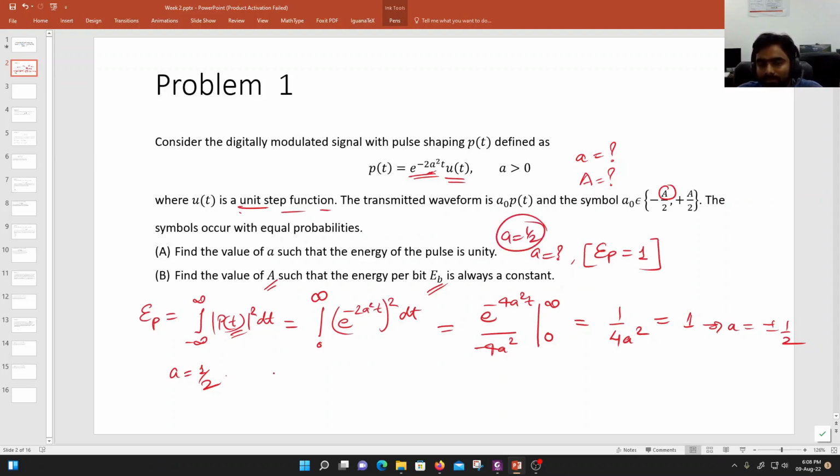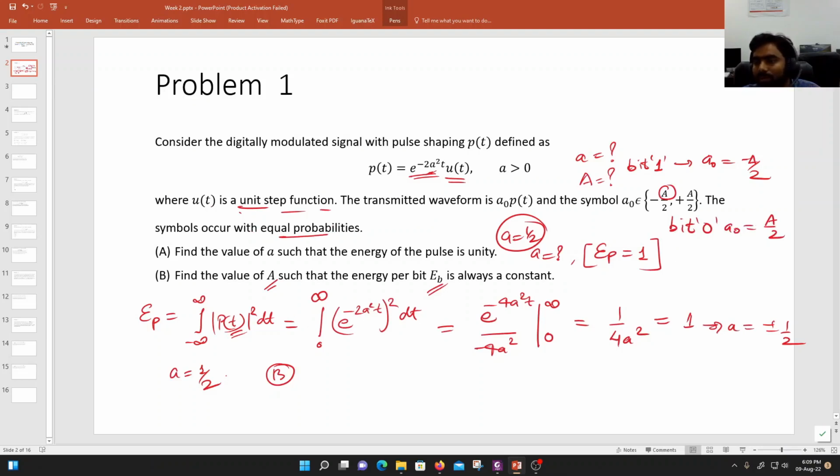Now for B part, find the value of A such that the energy per bit is always a constant. So how do you calculate the energy per bit? So there are only 2 bits, let's say, or 2 symbols. Corresponding to bit 1, let's say, we are transmitting a naught as minus A by 2, and for bit 0, a naught will be A by 2, and I have already mentioned that the symbols occur with equal probabilities.